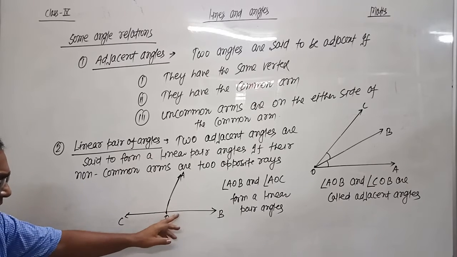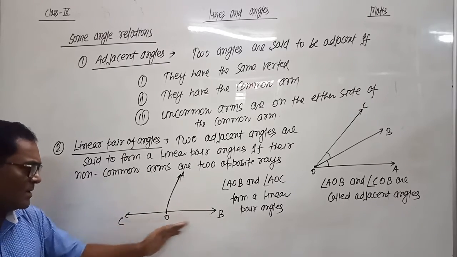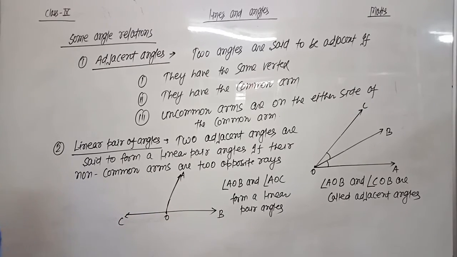Why are these two angles called a linear pair? Because OA is the common ray and the uncommon arms are opposite rays. That's why these two angles are called linear pair angles.